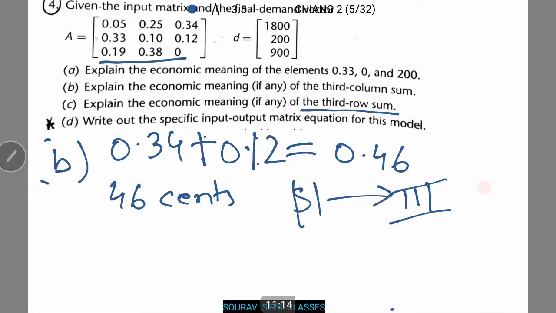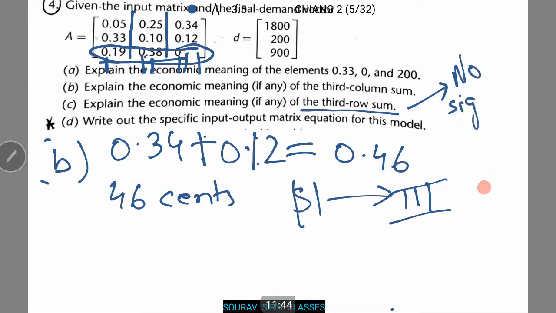This is because this does not have any economic significance, because each individual column represents the input matrix for commodity 1, commodity 2 and commodity 3. The summation of these three does not have any economic significance. Hence, the result of part C is no significant economic meaning.